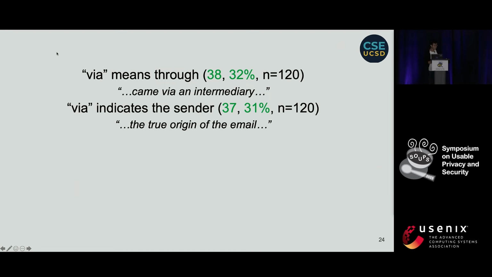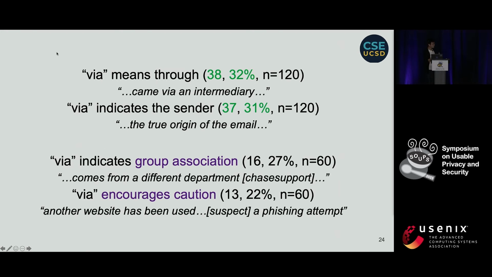This is encouraging. In addition, we also found that the VIA domain heavily impacts users' understanding as well. For example, users may think Chase and ChaseSupport.com are just different departments of the same company, whereas in reality, Chase.com and ChaseSupport.com can be controlled by two different entities, and they don't necessarily have anything to do with each other.